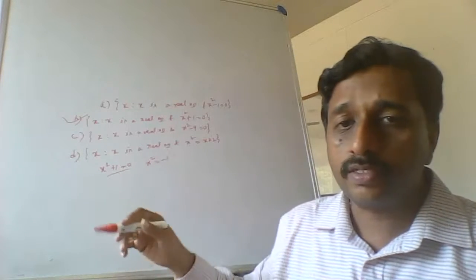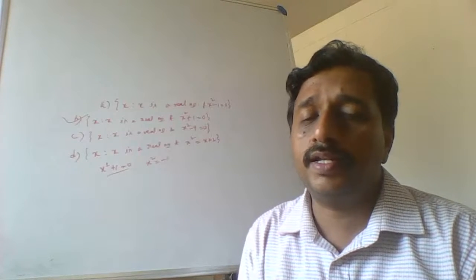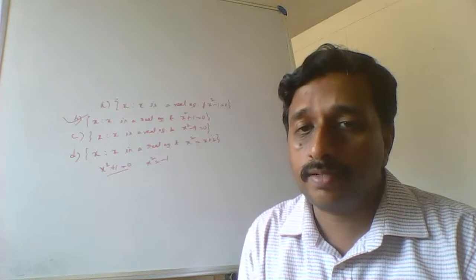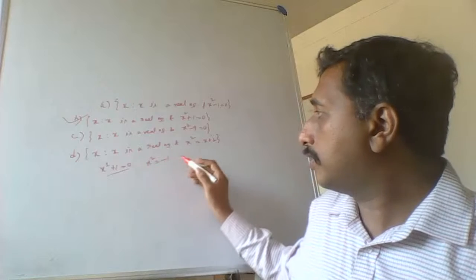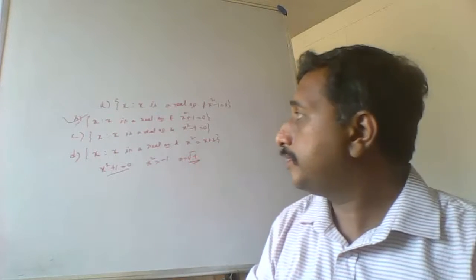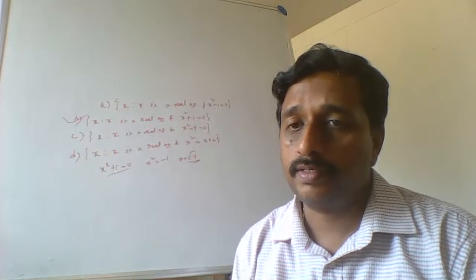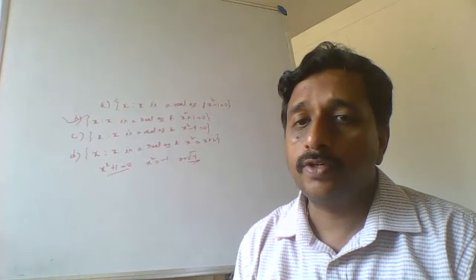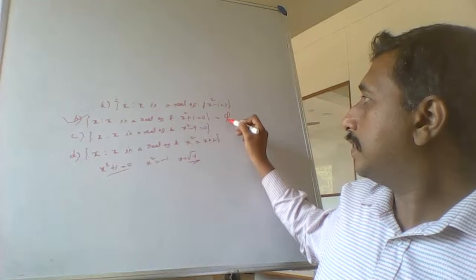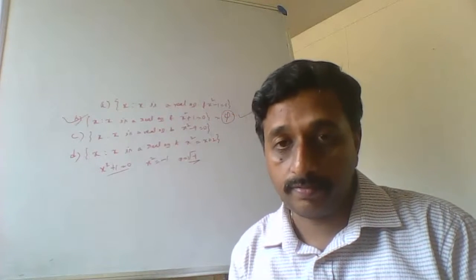The square root of this is not a real number, since it cannot be negative. So x is the square root of minus 1, and it is an empty set. So we can define this as an empty set. This would be the right choice here.